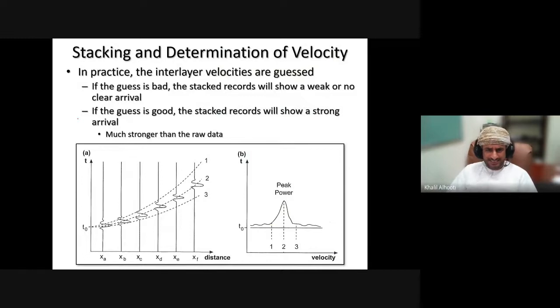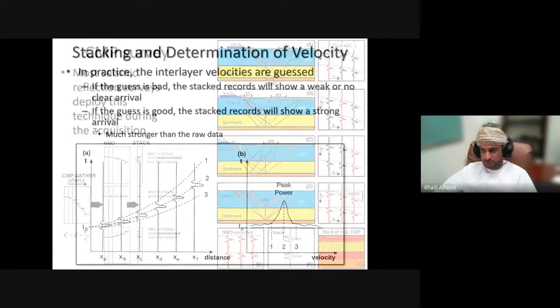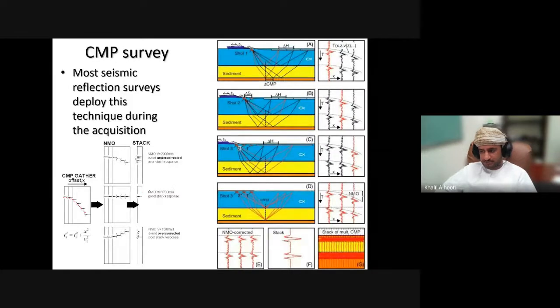Since it's not an easy process to determine the velocities, usually we make guesses. We guess a lot of velocities. At least in this example, the true velocity is 1700. How can I determine it? It's hard, especially if you have a lot of gathers. So the best thing is to guess, and I guess a lot of velocities, not one velocity.